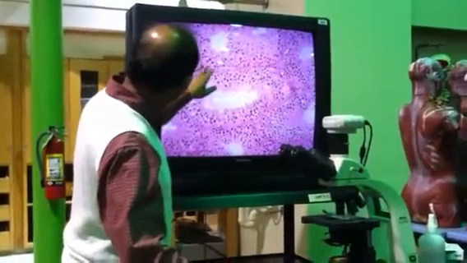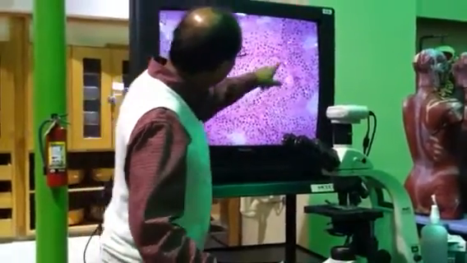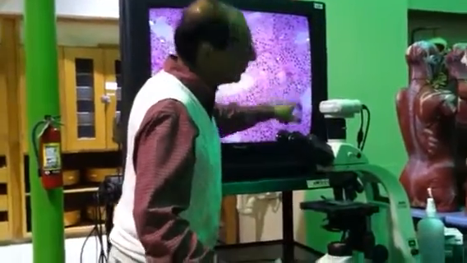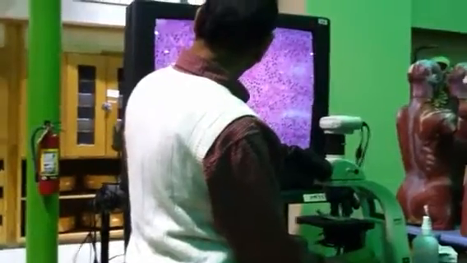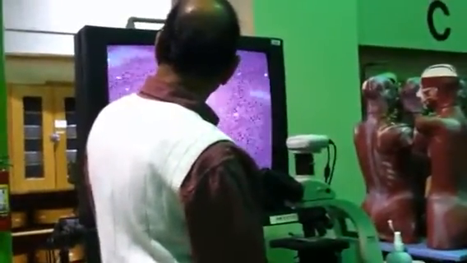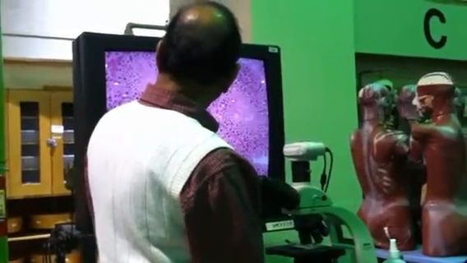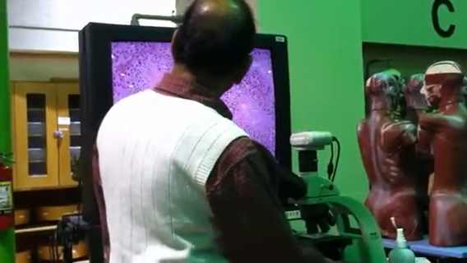And outside this tubule, there will be some cells which are Leydig cells. In this particular example, cells are too tightly packed.